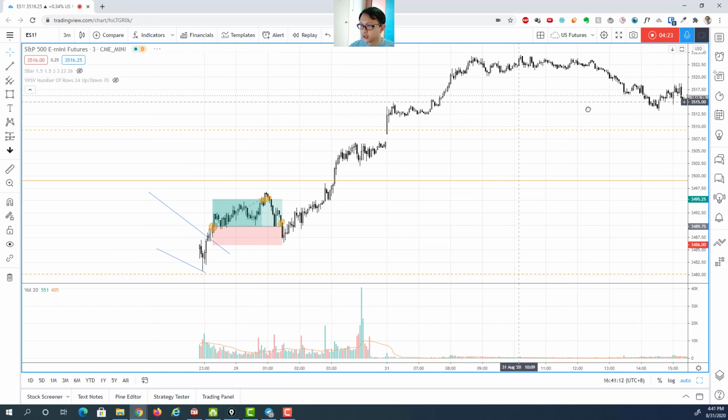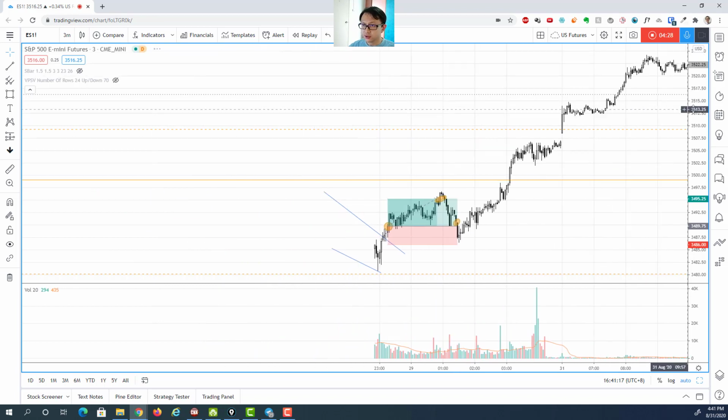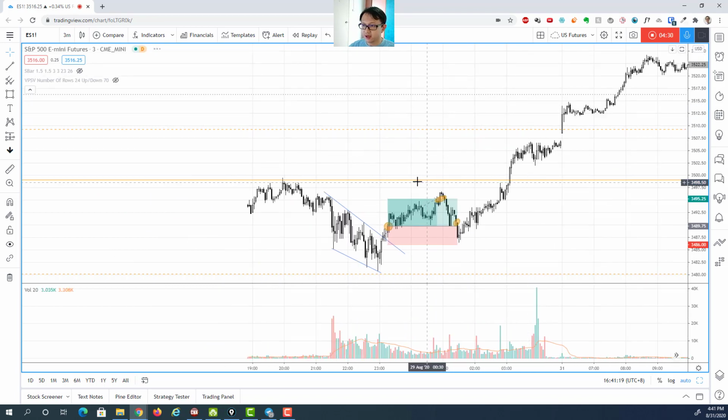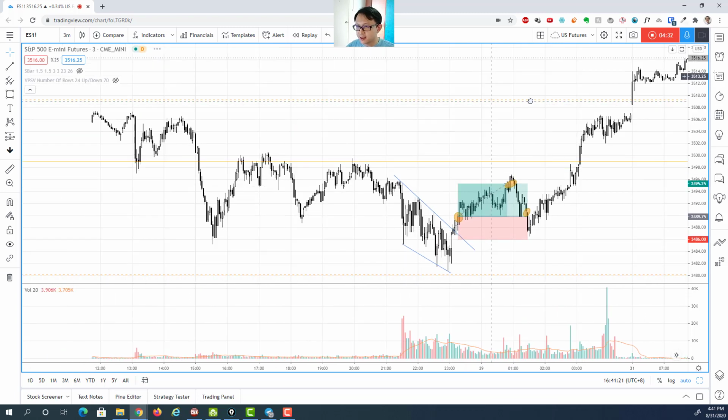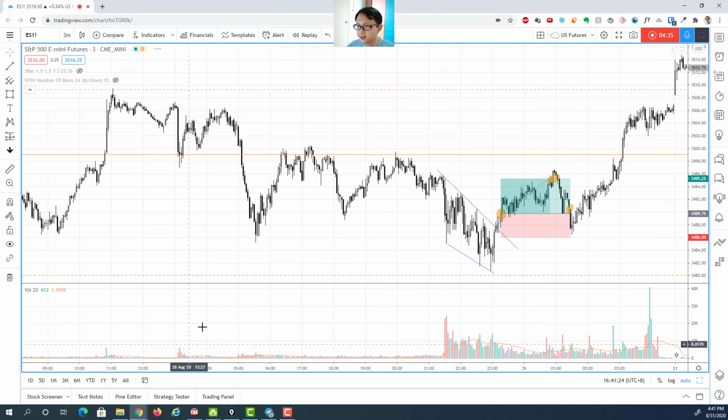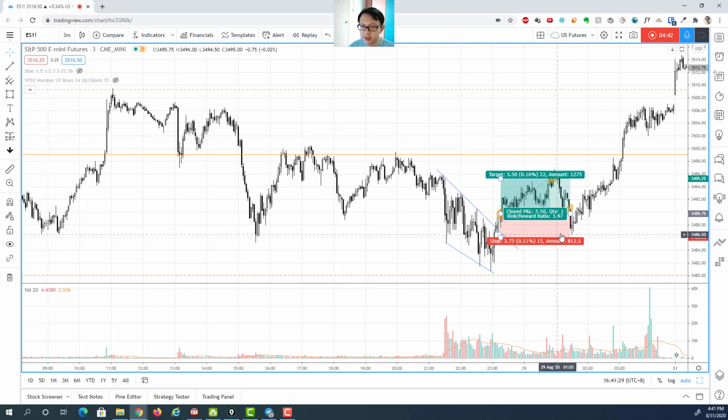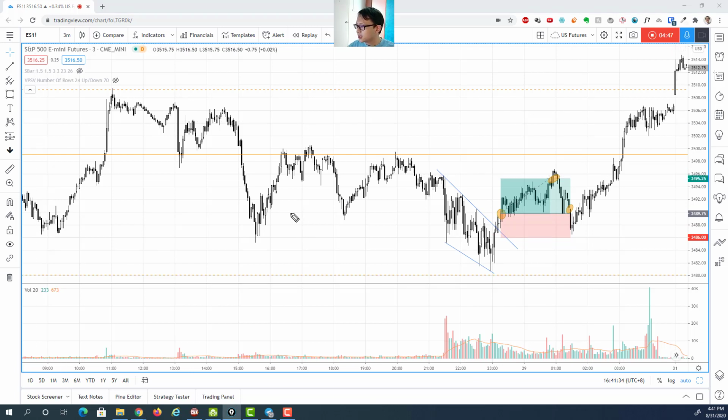As you can see here, I have already marked up the potential trade. Let me give you a bit of context before I dive straight into the entry, exits, and also the potential setup.